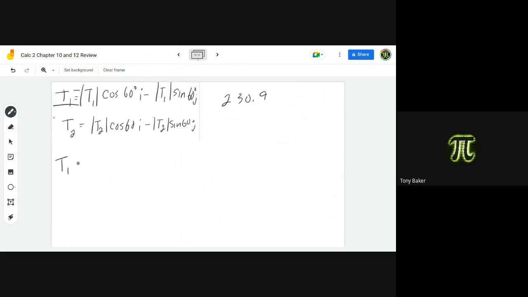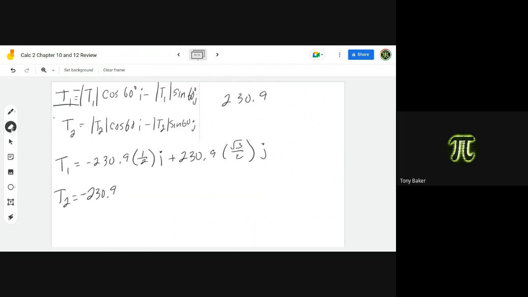So T1 is negative 230.9 times 1/2 I, plus 230.9 times square root of 3 over 2 J. And T2 is negative 230.9.